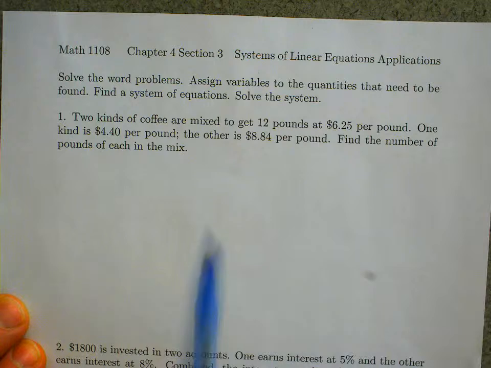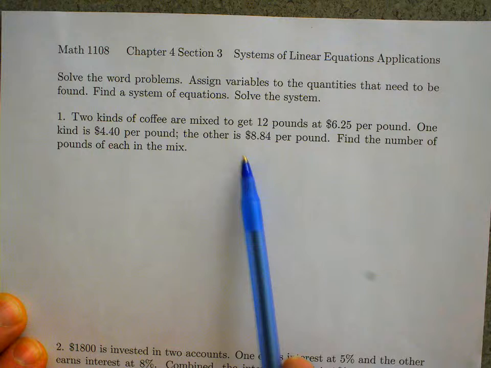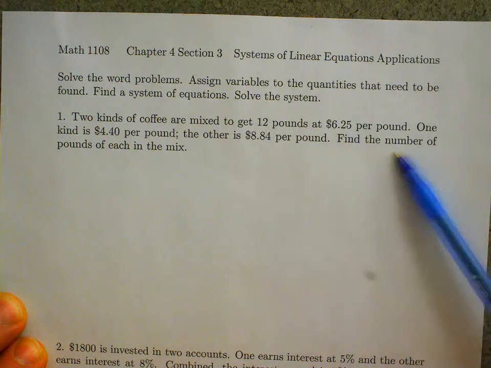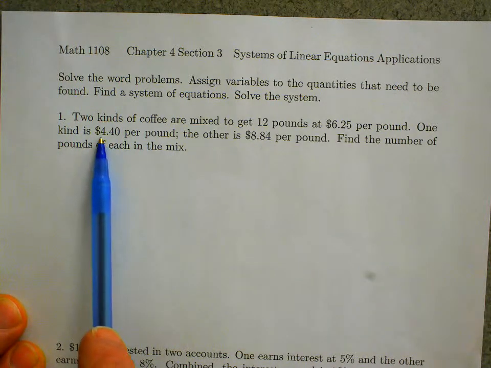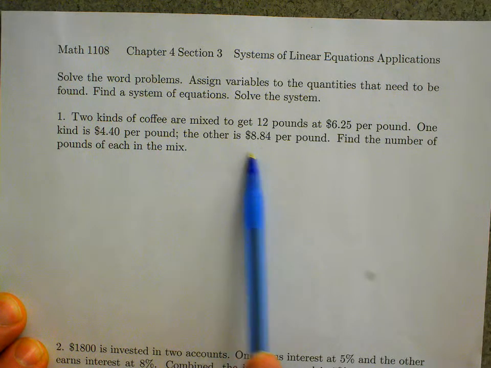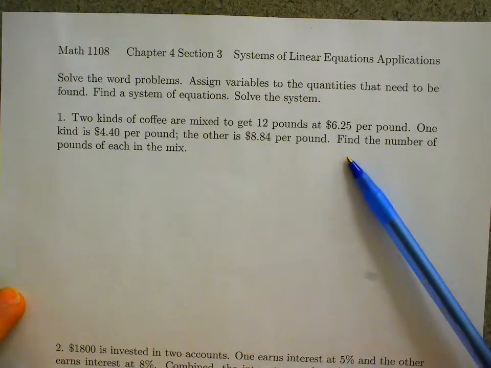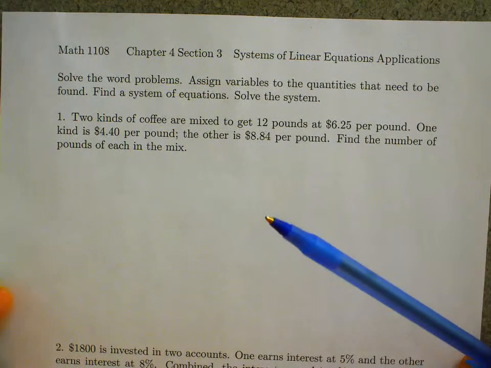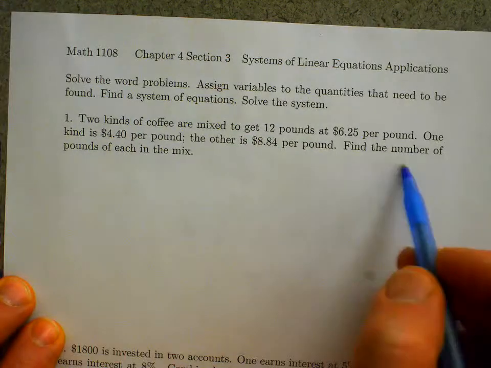In this one we have two kinds of coffee that are mixed to get a total of 12 pounds at $6.25 per pound. One of those by itself costs $4.40 per pound, and the other kind of coffee costs $8.84 per pound. We want to find the number of pounds of each in the mix. So we have two quantities to find.